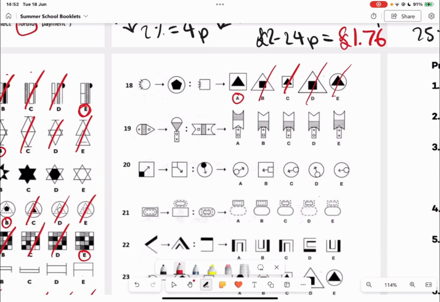So a semicircle has been cut out of the square, so it cannot be A. Then we can expect the cross to be on the top and the square to be on the bottom. So with that, we can cross out C, D, and E. So our answer for 19 will be B.